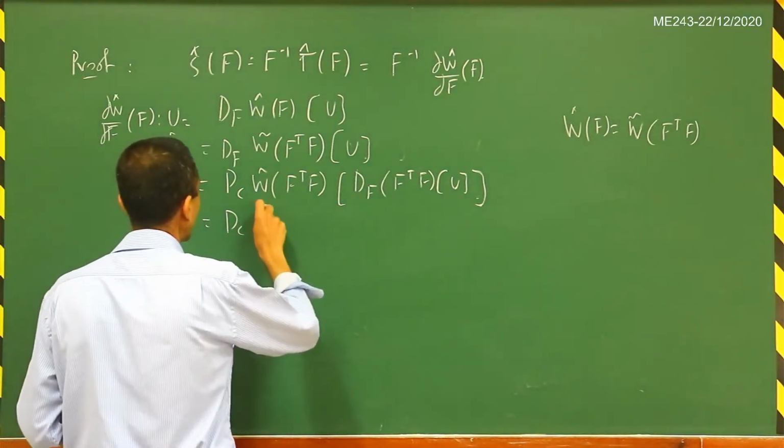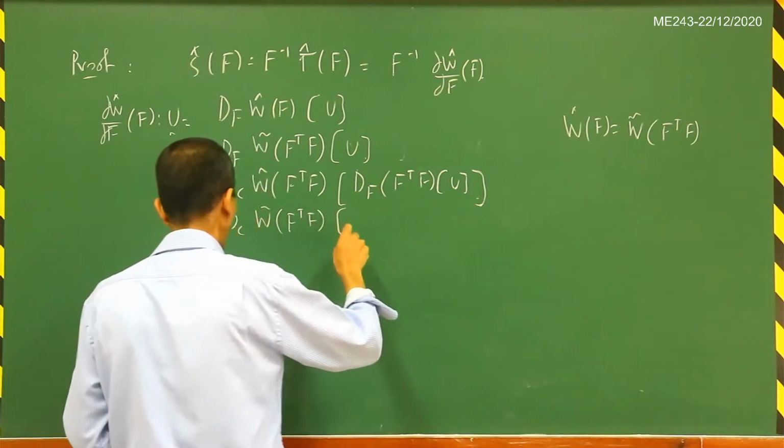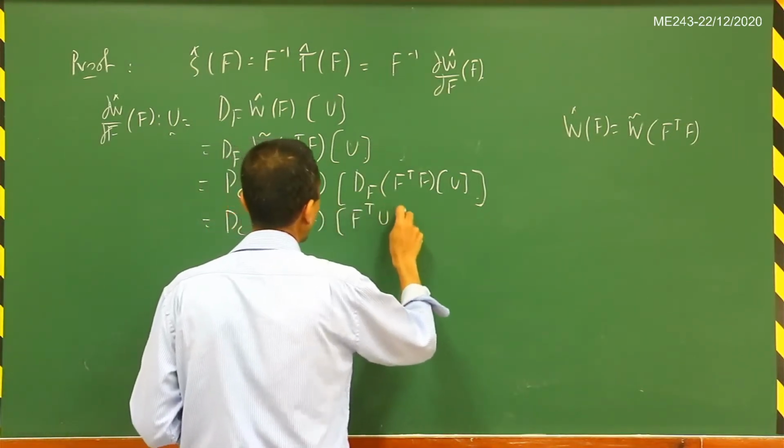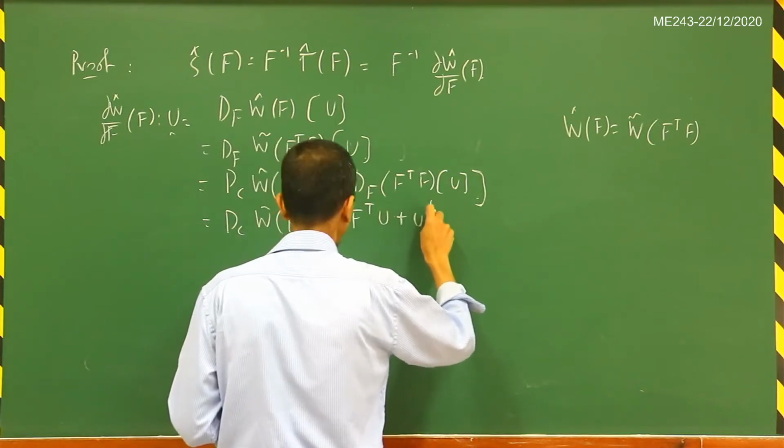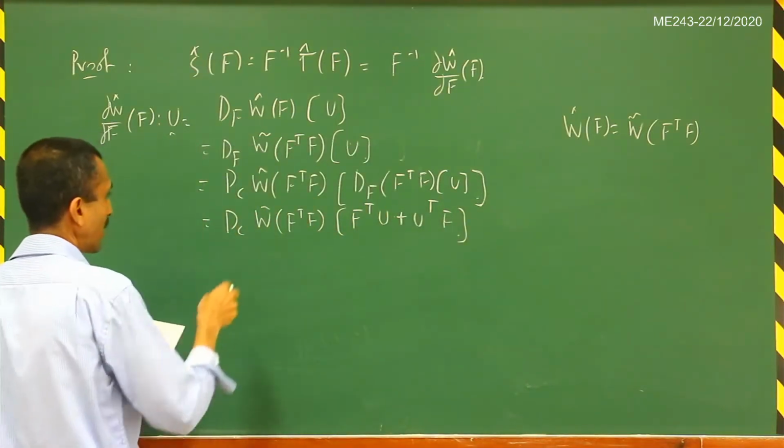So then this is W tilde of F transpose F times F transpose U plus U transpose F. And this we can now write in terms of the gradient.